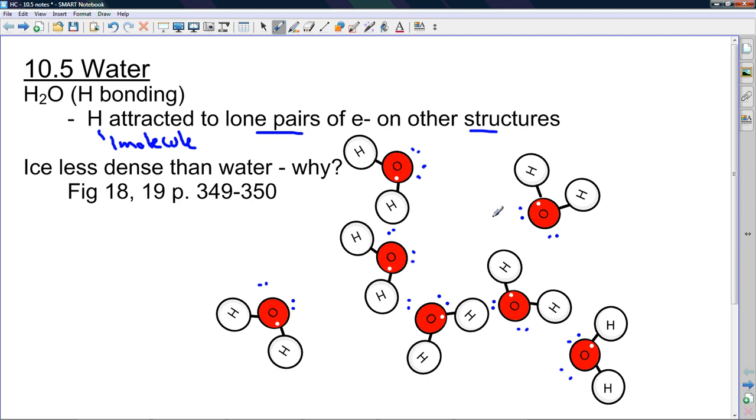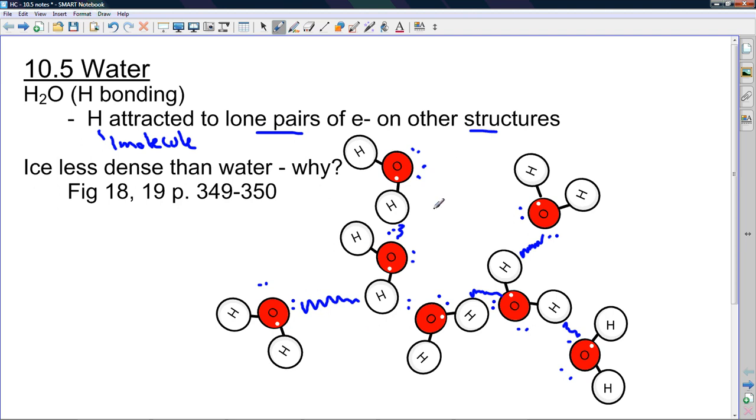Now, what's the significance of that? Well, the hydrogen from one is attracted to lone pairs on another, and we see this webbing effect.